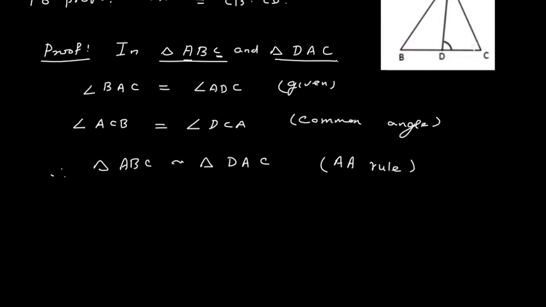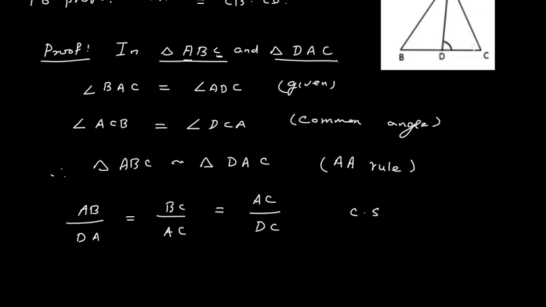Okay, now these two triangles are similar. Then their corresponding sides, AB upon DA, will be equal to BC upon AC, will be equal to AC upon DC.